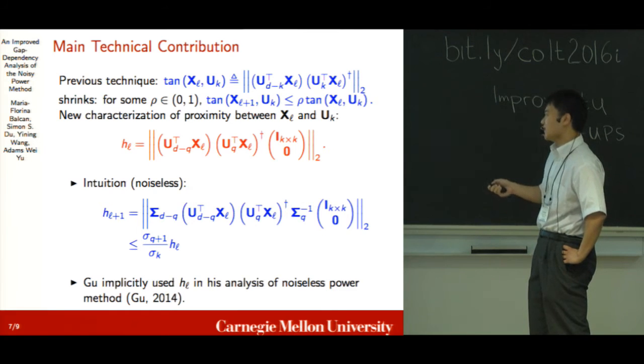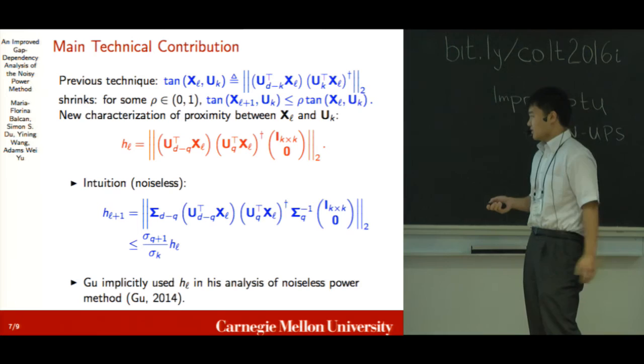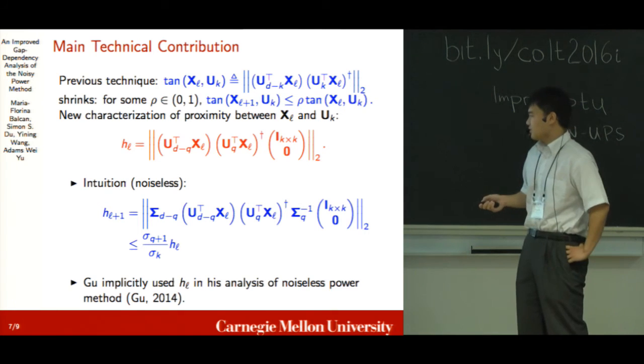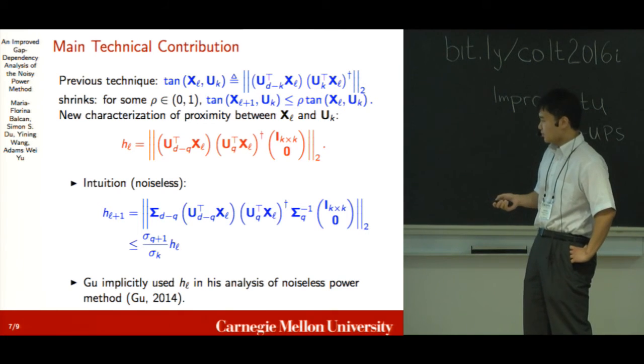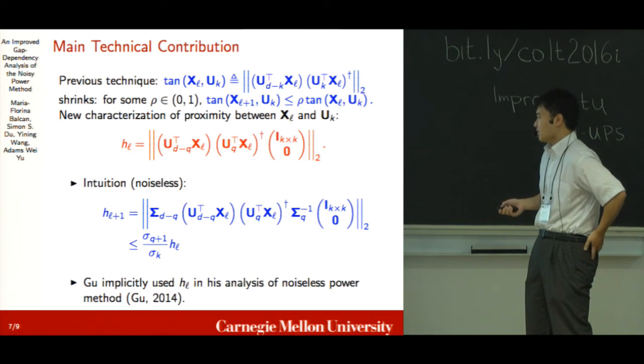If we do not multiply by this identity matrix, it would be sigma_{q+1} over sigma_q, which is a smaller convergence rate. We should note that Professor Ming Gu from the University of California implicitly used this kind of measure to prove the noiseless power method.